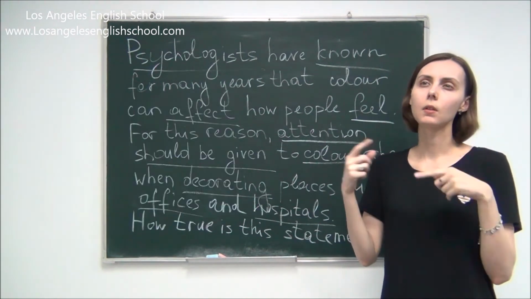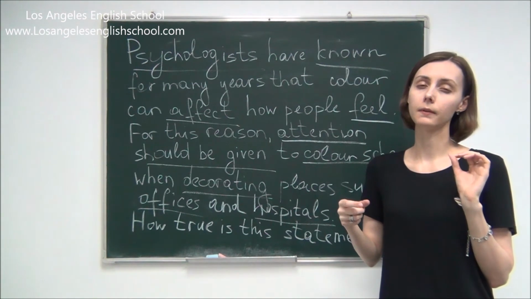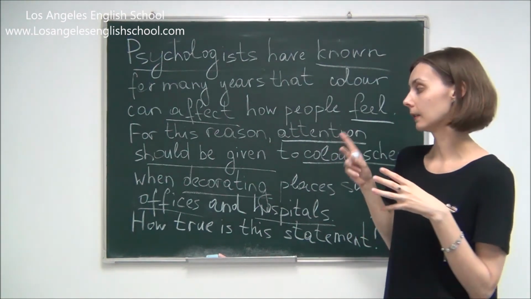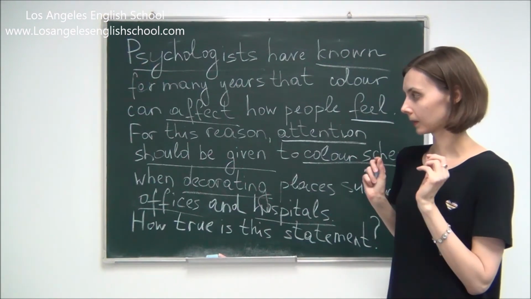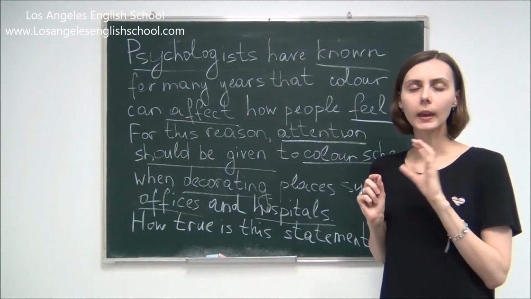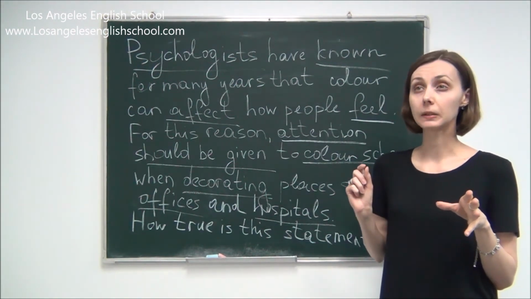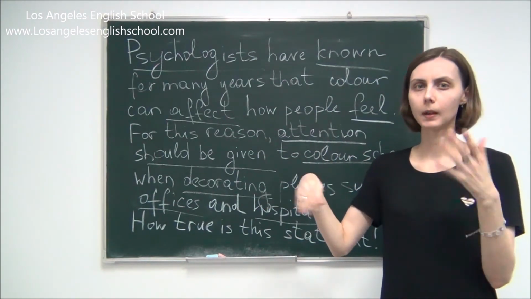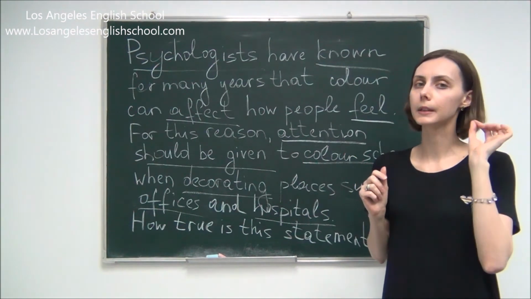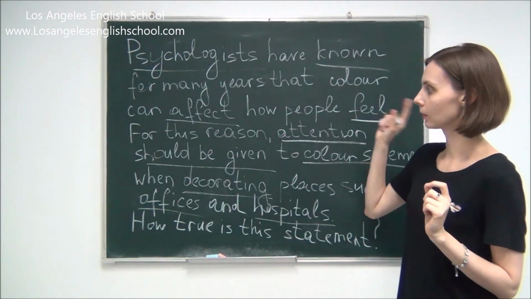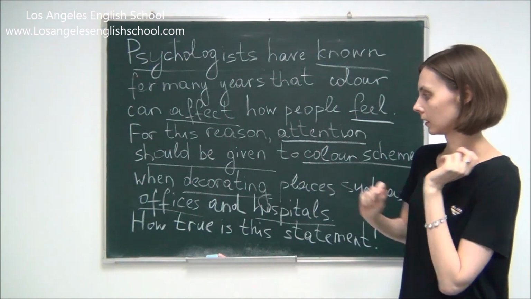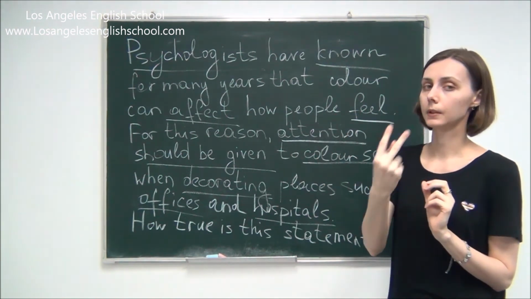Before thinking about your body paragraphs, you should be very careful while answering the question, because you cannot just write about, for example, just color and say, I think color is important, blah blah blah. You need to read carefully. Here we speak about color, the effect of color. But we have two important things.